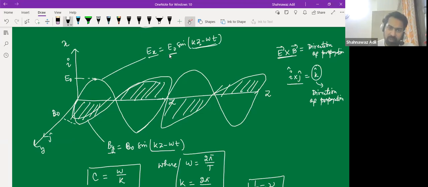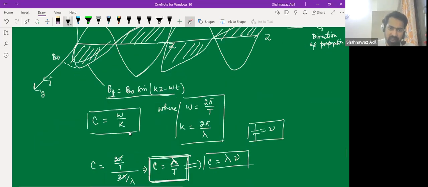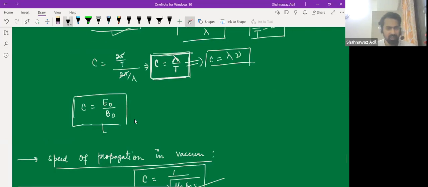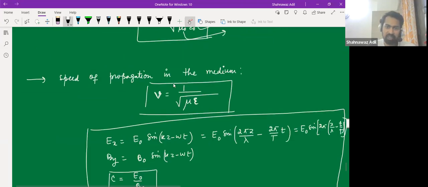So this is the form of the electric field, this is the form of the magnetic field, and they are perpendicular to each other. And what is the speed of propagation? You can calculate the speed of propagation in this way, and that is in the vacuum, and the speed of propagation in the medium would be this.